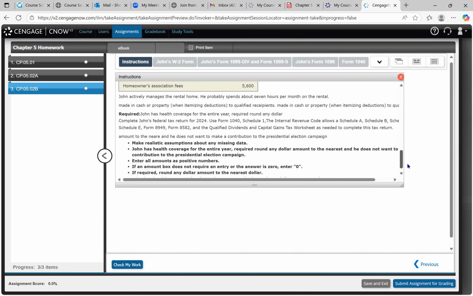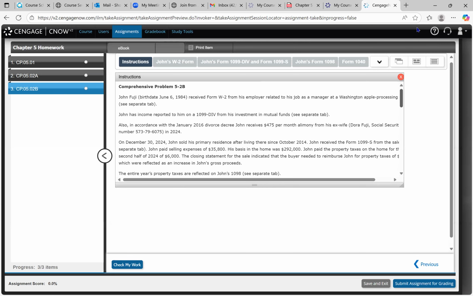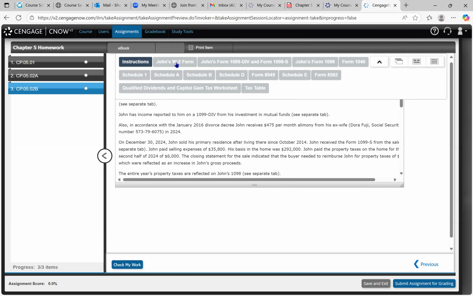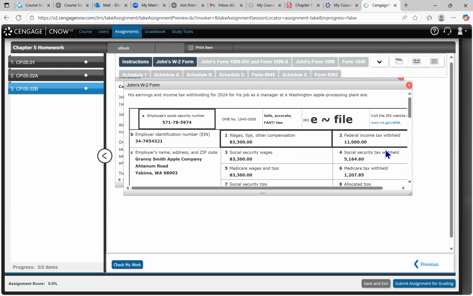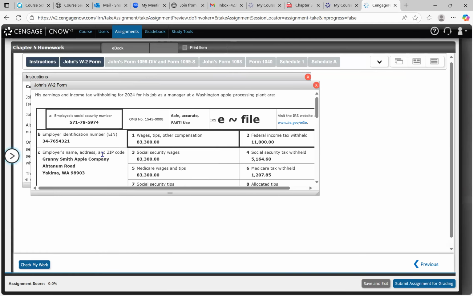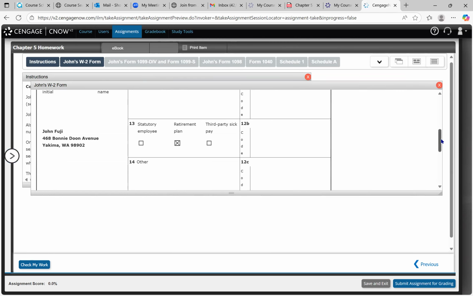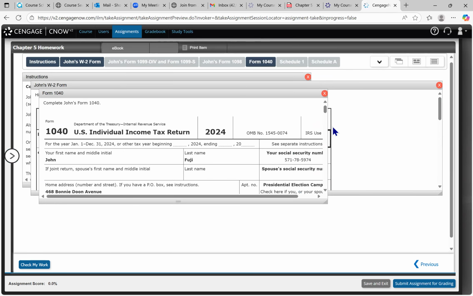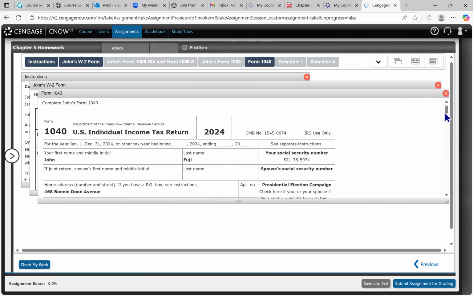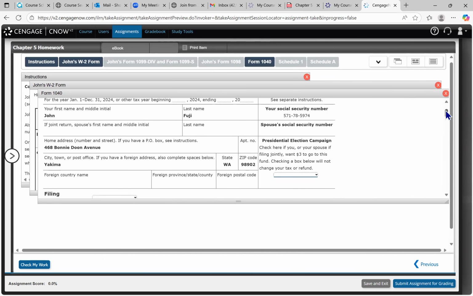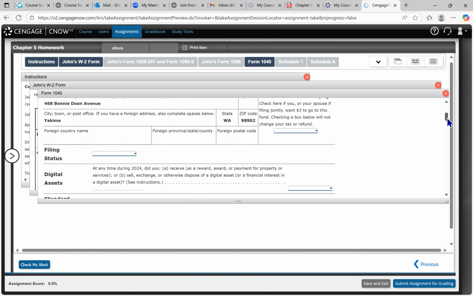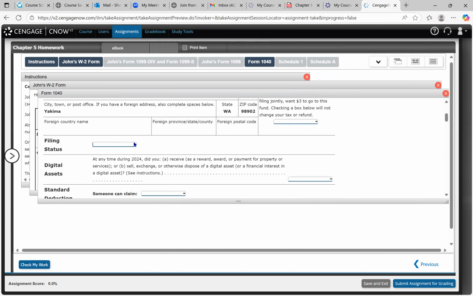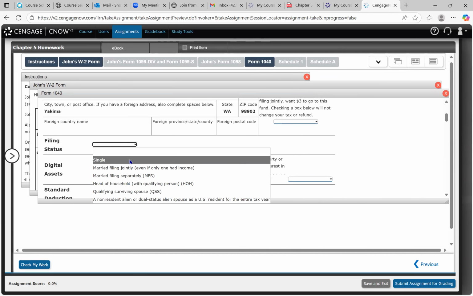So what we'll do is we'll start with his W-2. Now, this W-2 we will input onto the 1040. So the first thing we'll do on the 1040 here, we see that John's information is already in here. We'll want to show single in the filing status.